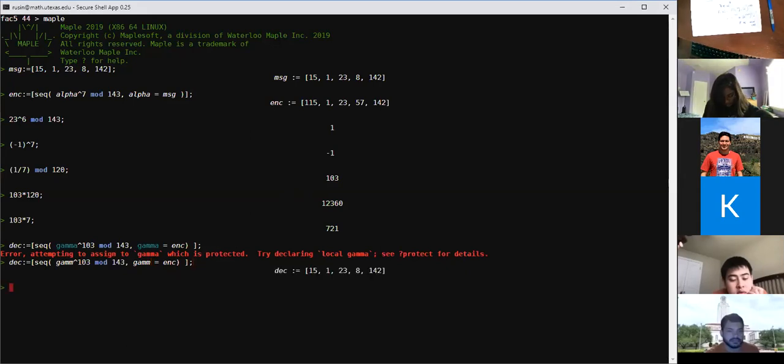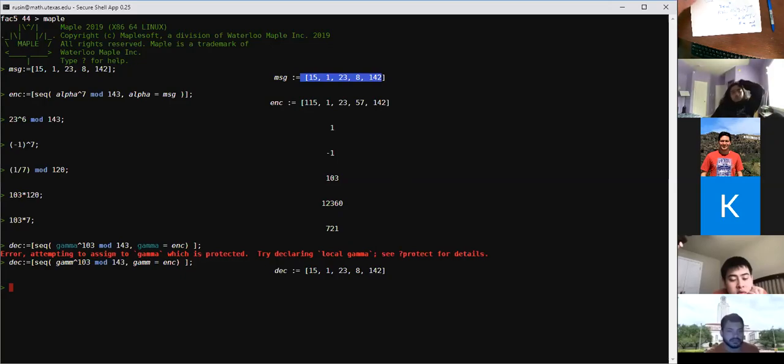Anyway, here's what happens to the person who receives the encrypted message. They take this encrypted bunch of symbols, raise each one of them to the 103rd power modulo 143, and look what they get. They get 15, 1, 23, 8, 142, which is exactly the same as the message that I started with.